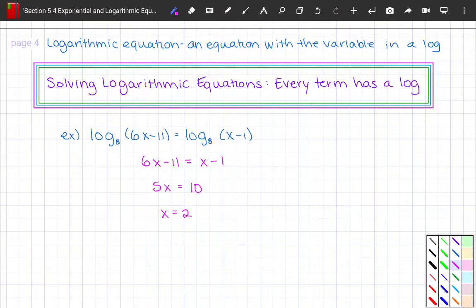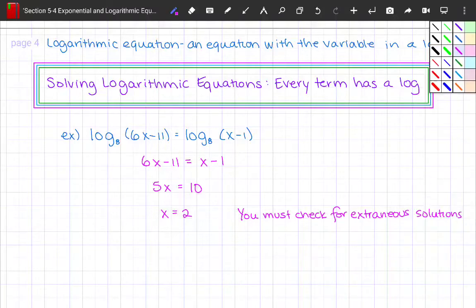Now, there is one little special thing with logarithmic equations that you must do. You must check for extraneous solutions. This is another one of those cases. Now the good news is it's an easy check.